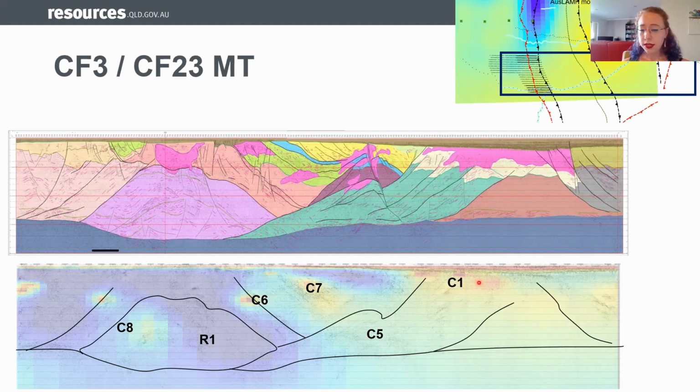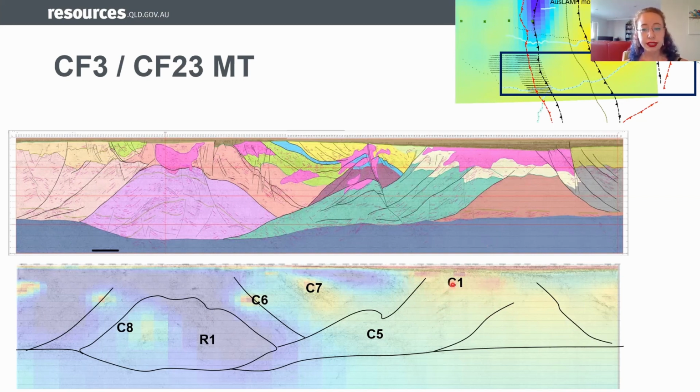So stepping through, C1 wasn't imaged anywhere on M6, possibly because it doesn't come far enough east. So there's a suggestion, but on this one, we've got a big block of Soldiers Cap group interpreted.